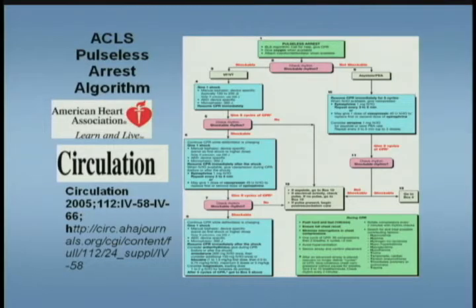Okay. All right, so here's the algorithm, which is kind of long, that combines these two types of patients. All these people on this slide are pulseless, all right? On the right-hand side are the people that have rhythms that you can't shock. They're non-shockable rhythms, right?